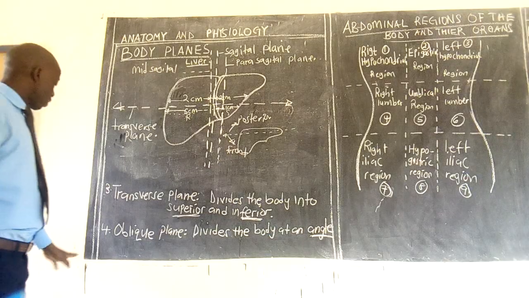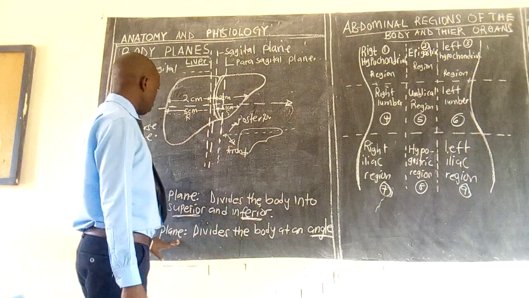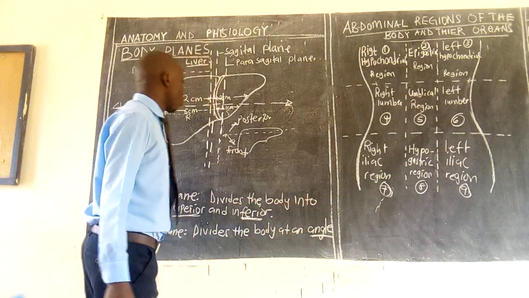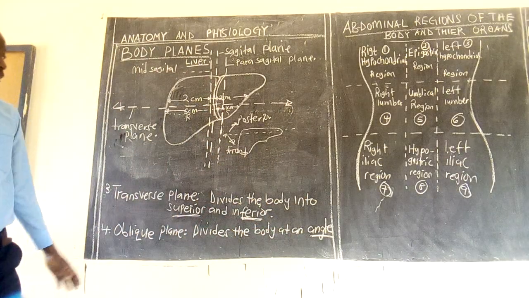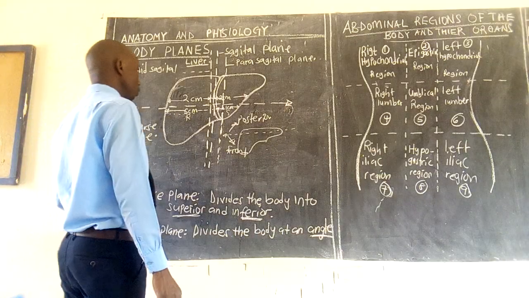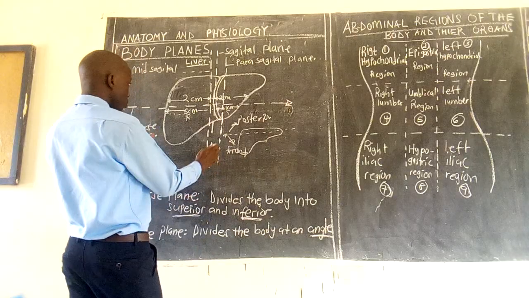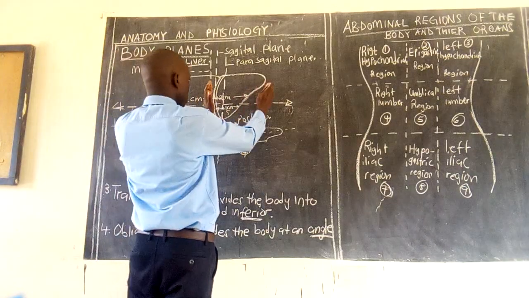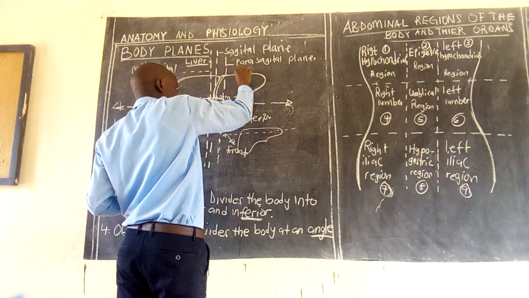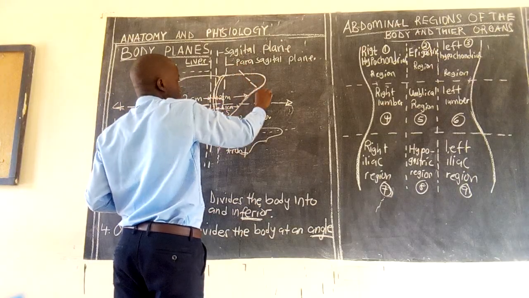Then our last line of dissection was an oblique plane, which we said divides the body at any angle. So is that line of dissection at an angle? So if I want to make a dissection on this lobe, that line of dissection I will make at an angle like this.